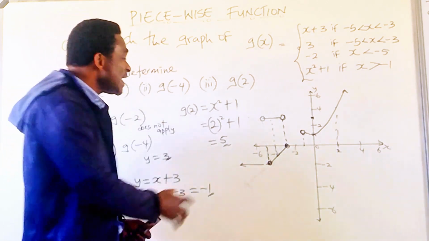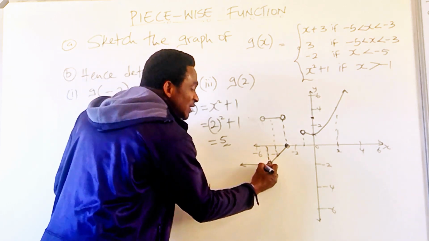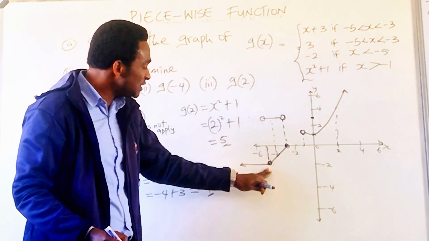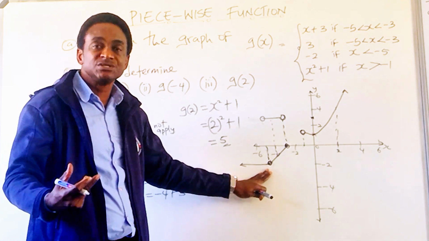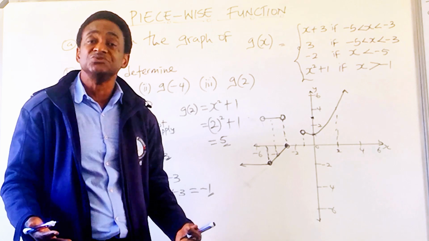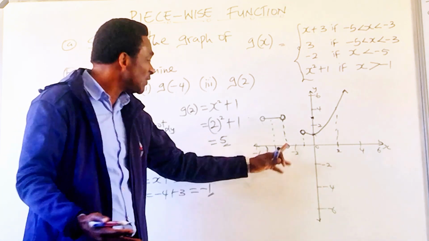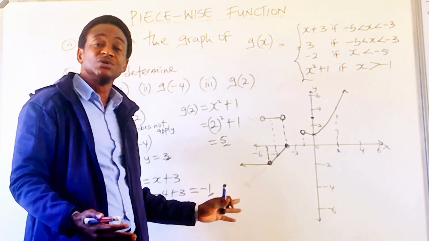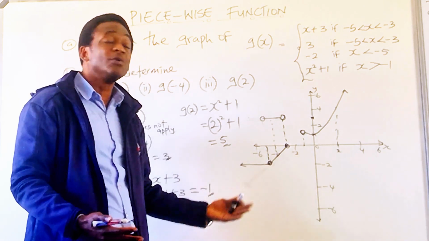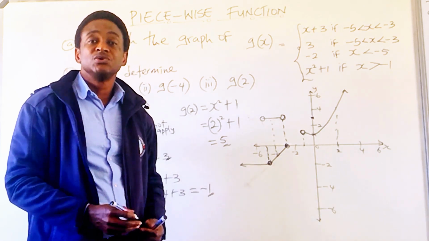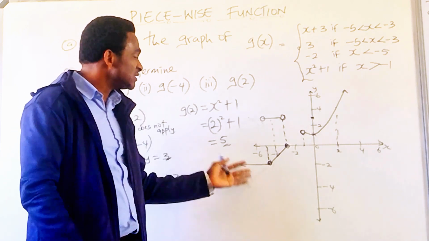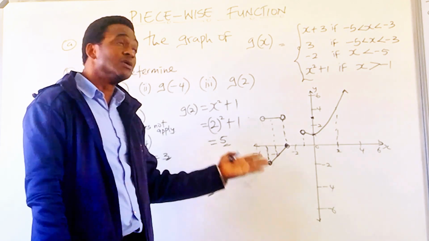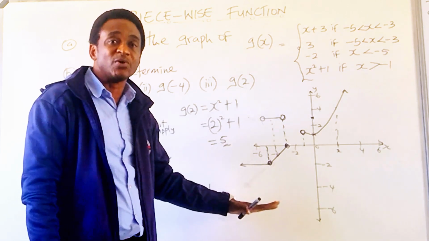Now, when we have two graphs being joined to each other here, we say that there is discontinuity in the graph. This one stopped here and the other one continued. When we have such cases, we say we have removable discontinuity. For removable discontinuity, it means the limit of f of x is equal to f of x at that point.